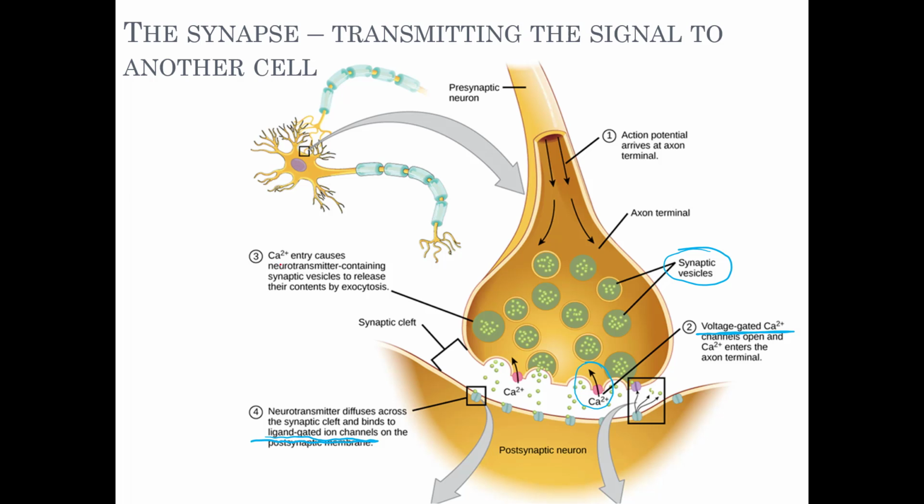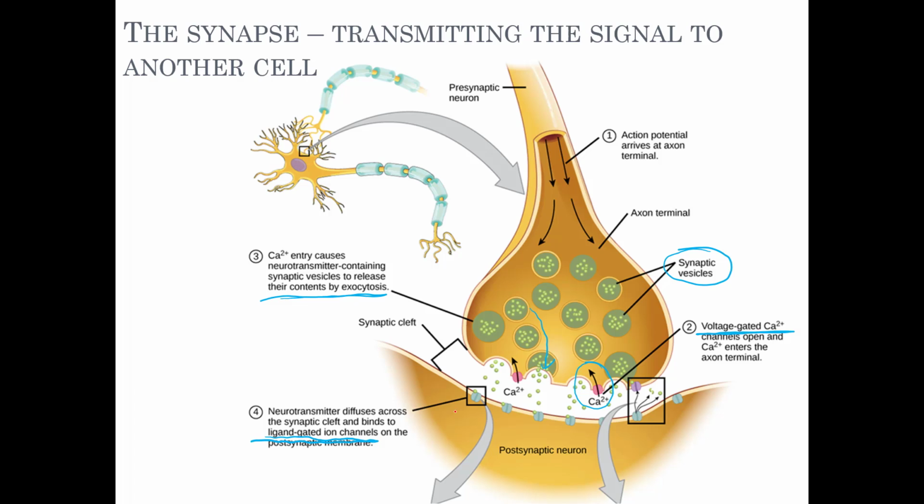Calcium entry, as shown over here, binds to the synaptic vesicles. Those synaptic vesicles will then move towards the presynaptic membrane and release their contents into the synaptic cleft. So now we have the release of a neurotransmitter into the synaptic cleft by the presynaptic neuron. In the postsynaptic neuron membrane, remember, we have ligand-gated ion channels.